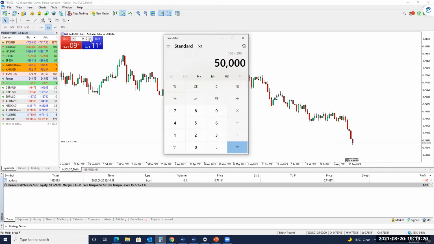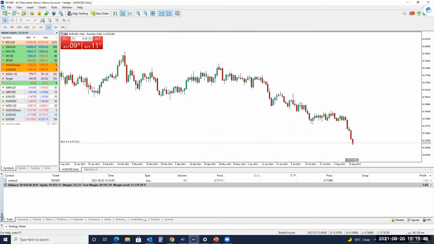If we were looking to trade pound US dollar, the notional value of the pound is higher than what the Aussie dollar is worth. So we would have to redo our calculations to find how big of a position size we can open on the pound, given that our base currency is AUD. I'm going to explain that a little more in depth as we go on. I don't want to confuse you too much in the beginning.